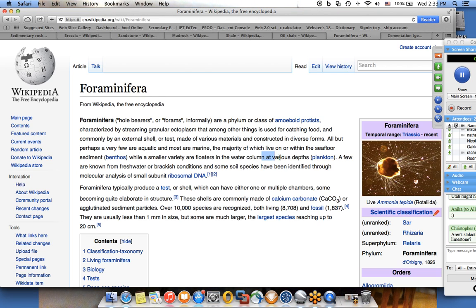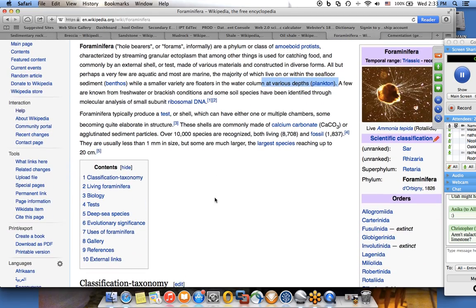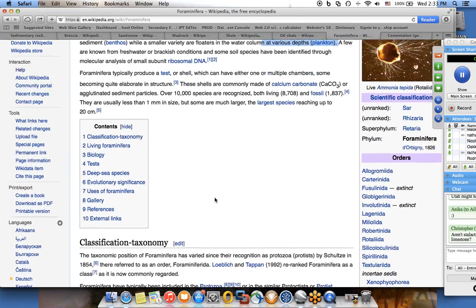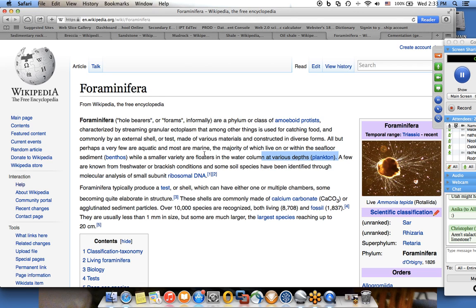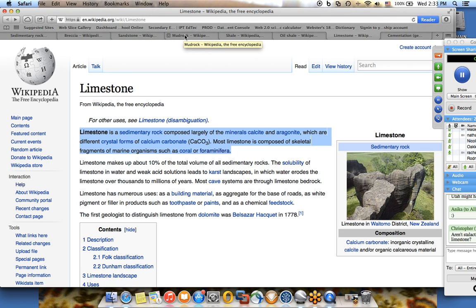It's a type of plankton. So I'm probably going to find a lot of this, and the remains of these organisms form limestone. This is interesting because now we can see that limestone is different from the sandstone, the conglomerates, the breccias, the shale.